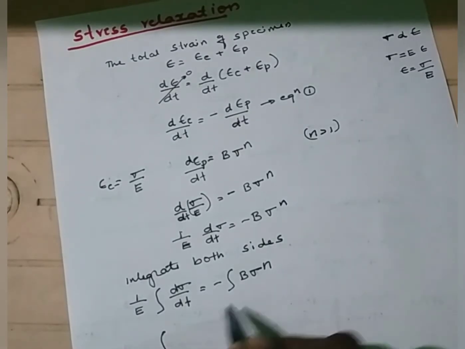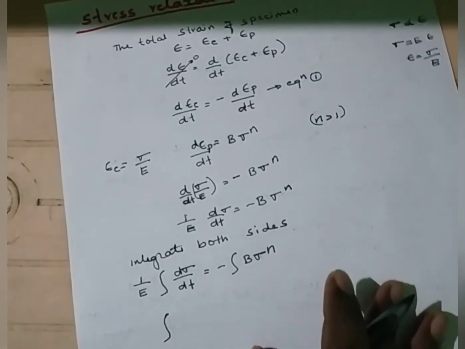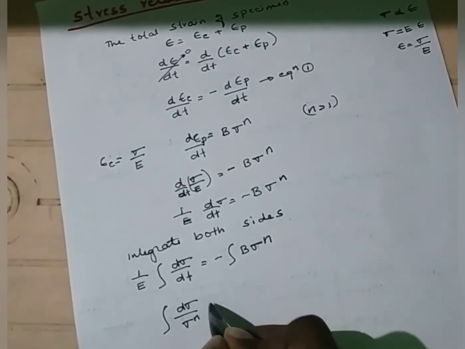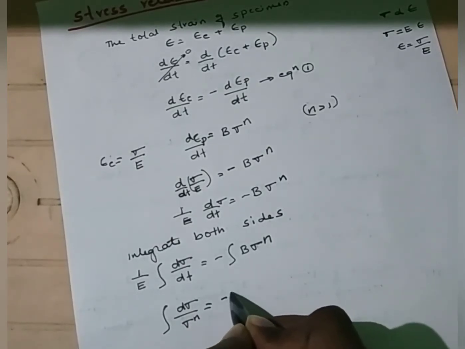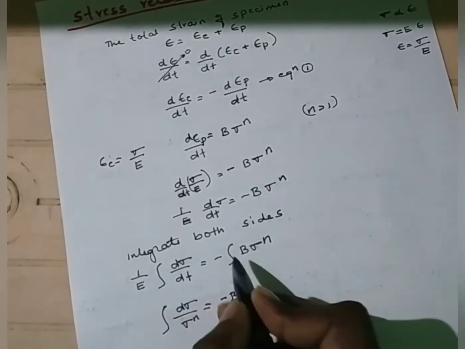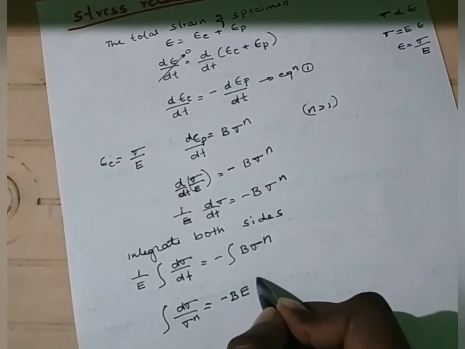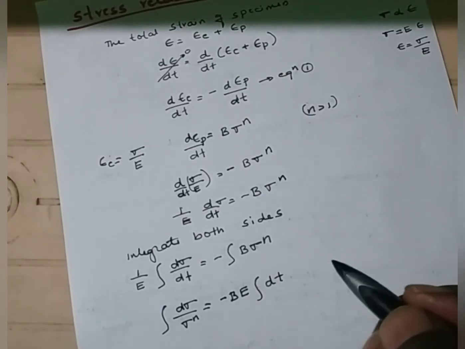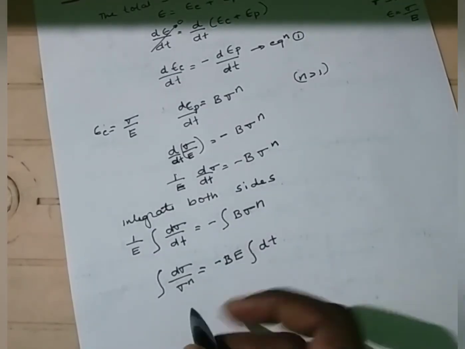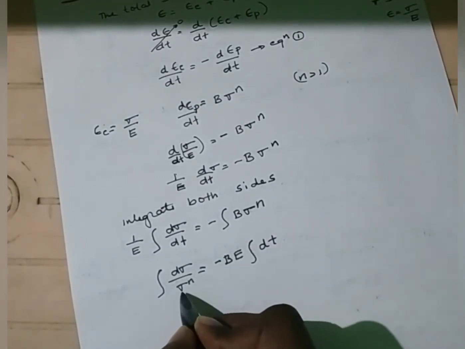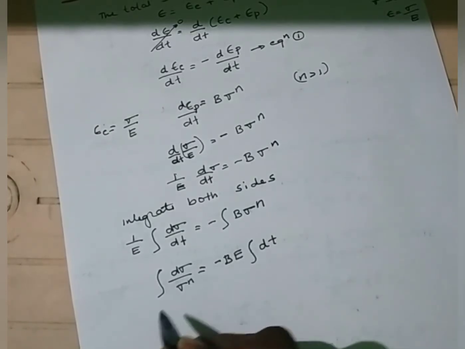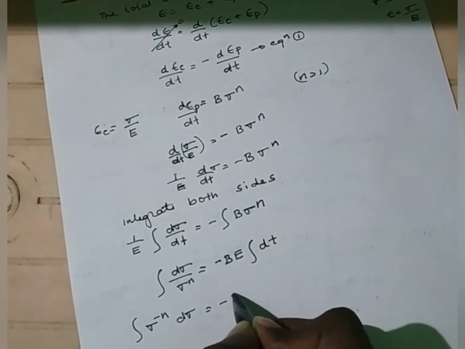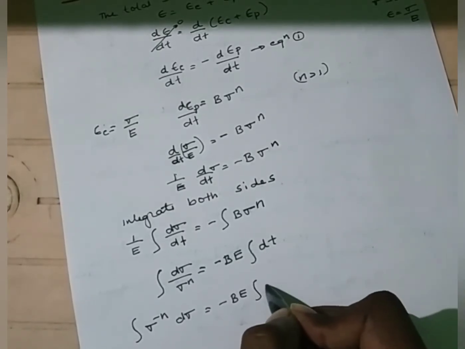Now bring the sigma power n term to the left side and send all the other terms to the right side. It will become d sigma by sigma power n is equal to minus B, which is a constant, keep it outside. If you send E to the RHS, it goes to the numerator. If you send dt to the RHS, it will also go to the numerator. Now to integrate, take sigma power n to the numerator; it will become sigma power minus n d sigma equals minus B integration of dt.